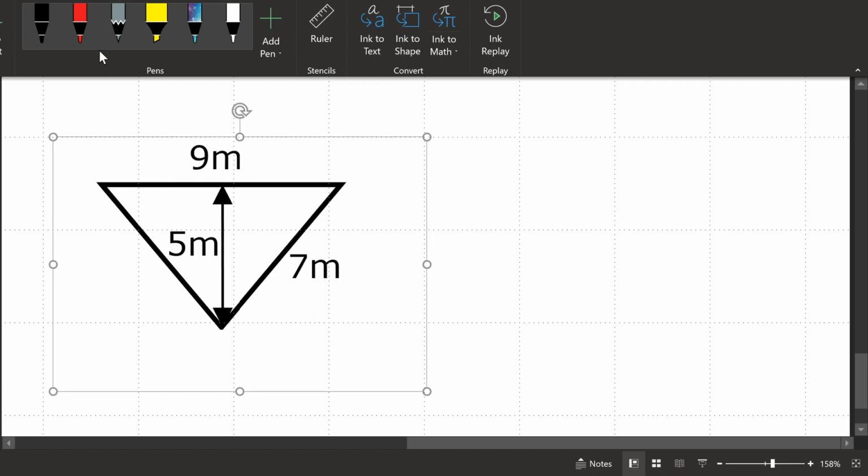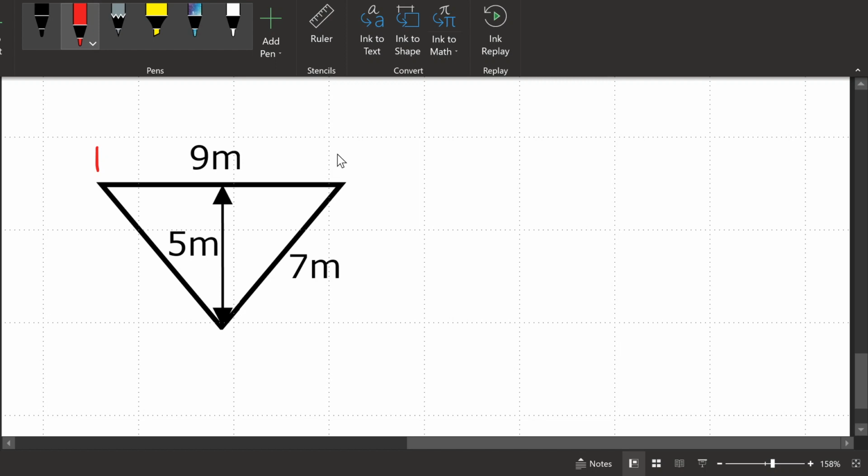I can still label this as the base. And then this is the height, and it's fine being the height because it's at a right angle to our base. It has to be at a right angle to our base.